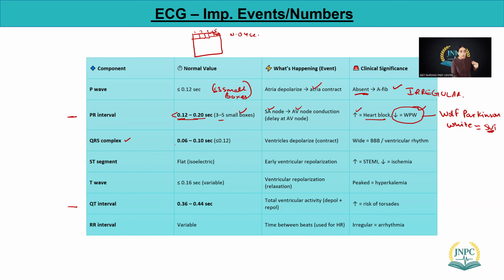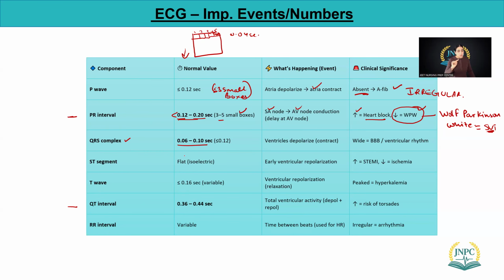The QRS complex should always be this much. I want you to pay attention to these numbers. These are very important numbers. These are standard. This is where you need to memorize these timings.